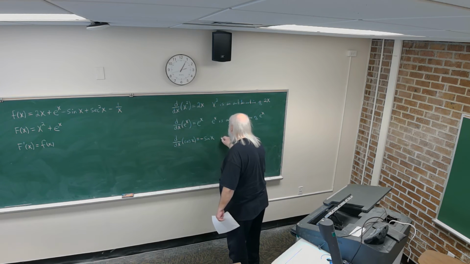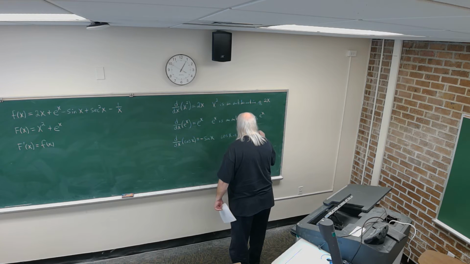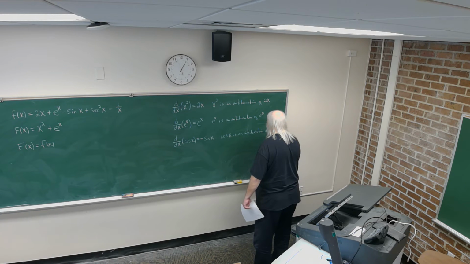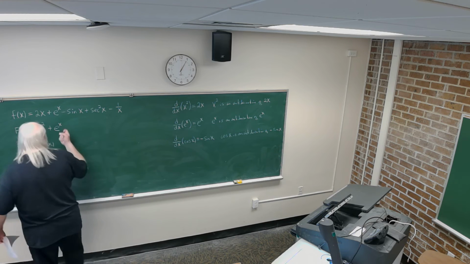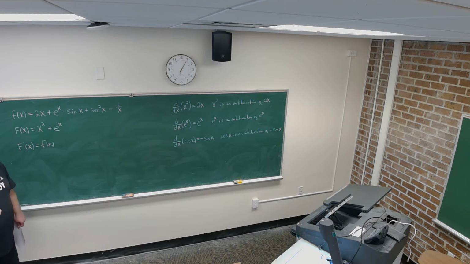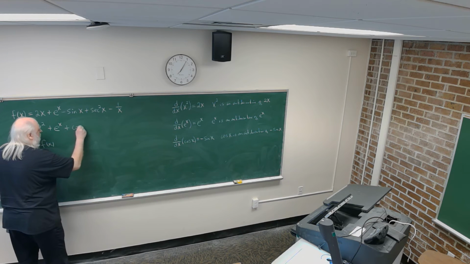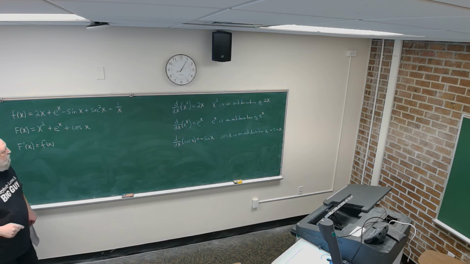So cosine x is an antiderivative of minus sine x. So what's our third term? Yeah, it's going to be plus cosine x, right? Because the derivative of cosine x is minus sine x.